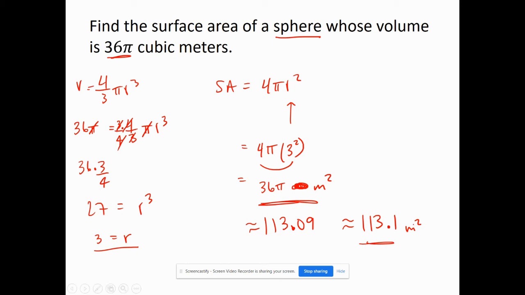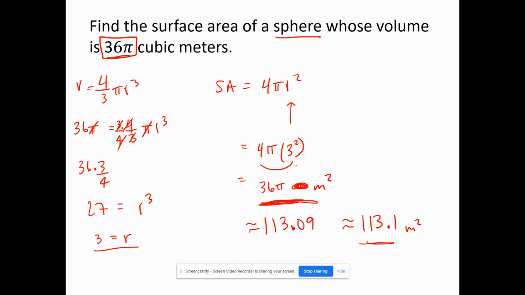Now a little bit of variation on this problem. Back at the beginning when we canceled out the pi's, I could actually give you this volume as just a whole number. So let's say 36 pi. Actually, it's kind of interesting.